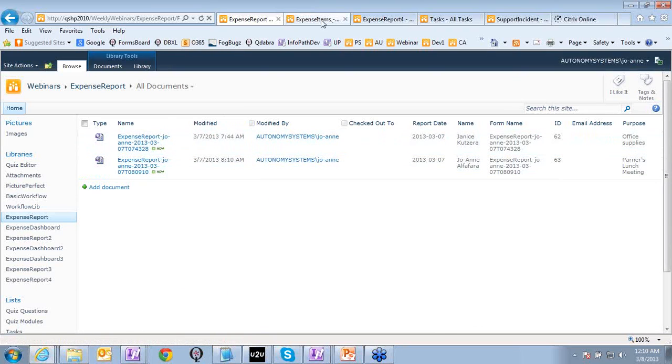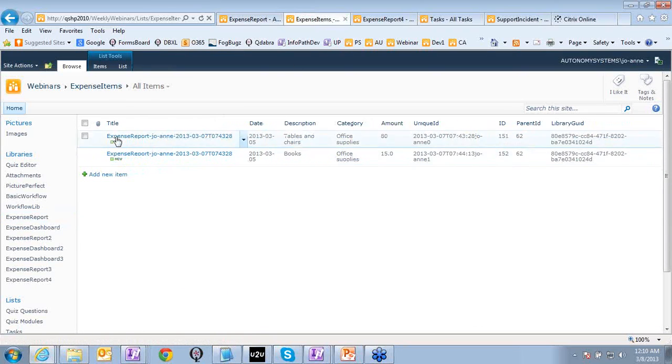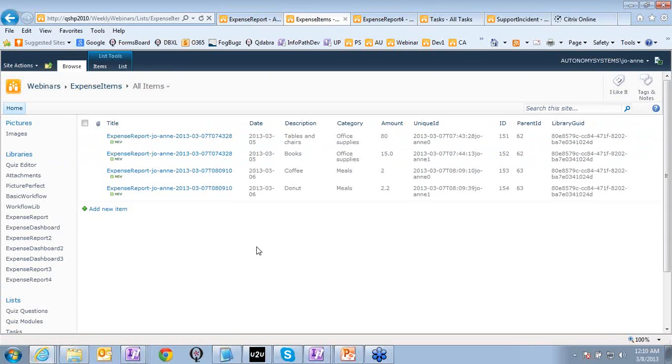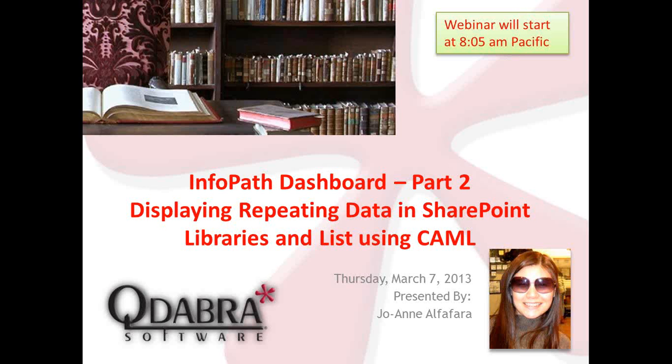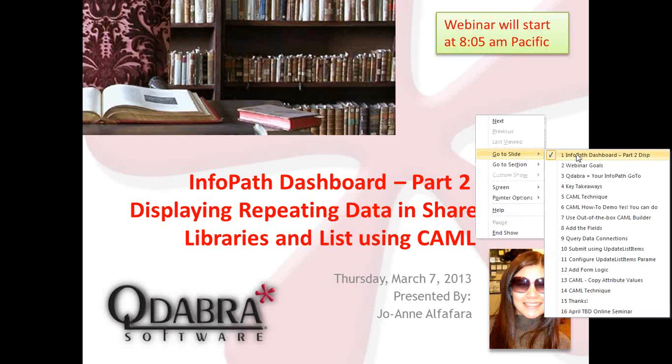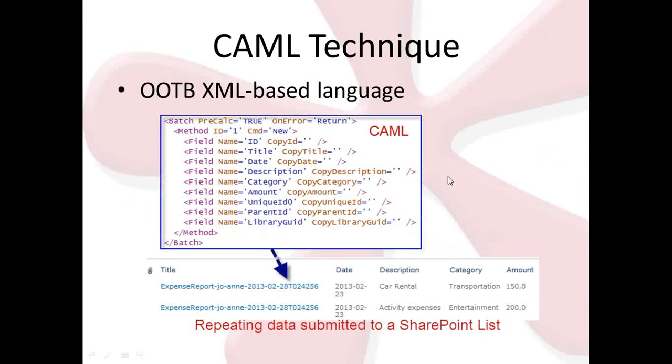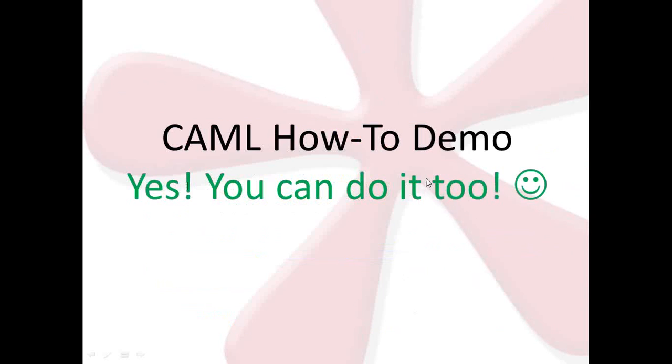The expense report is now submitted, and if we refresh the items here, you'll see the submitted items there. So how did we do that? We did that using this CAML technique. And today we're going to demo how we actually did that using the expense report.